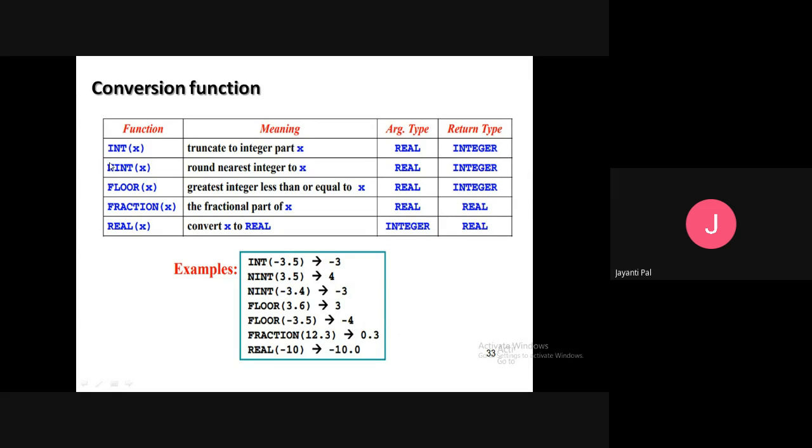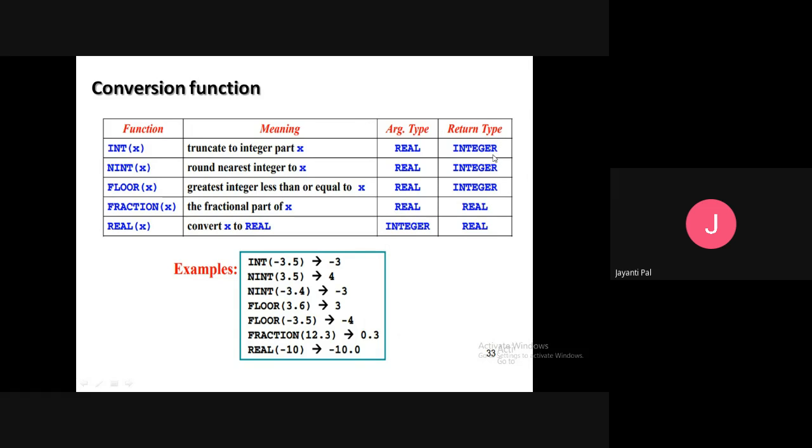In this way, every conversion function has its own operation. Here, the argument type means what you put within this x, and what you get as the output is given in the return type.